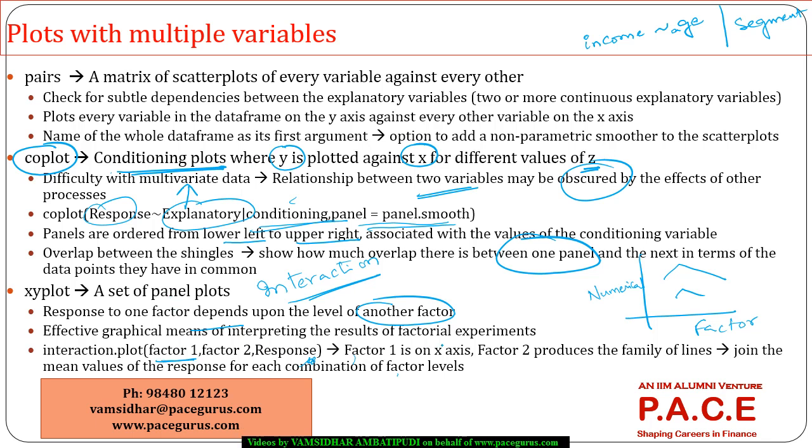Factor 1 is the one that comes on the x-axis. So here I'll take the segment as factor 1. Factor 2 produces the family of lines. So I'll take gender as factor 2, which produces the family of lines. And factor 3, or probably the response, is the variable that I am typically looking at.